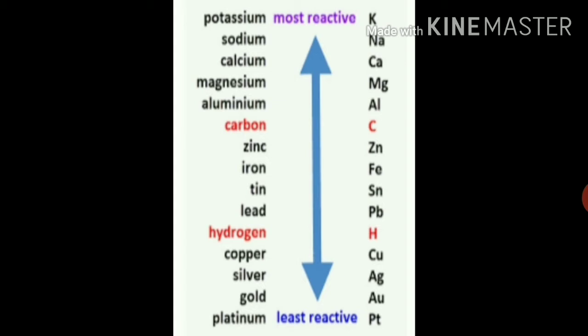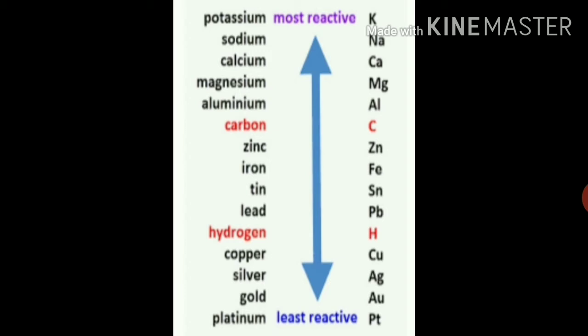Now, potassium is the most reactive metal, so it has been placed at the top of the reactivity series. As we come down in the reactivity series, the chemical reactivity of metals decreases gradually. For example, sodium is less reactive than potassium. Calcium is less reactive than sodium.